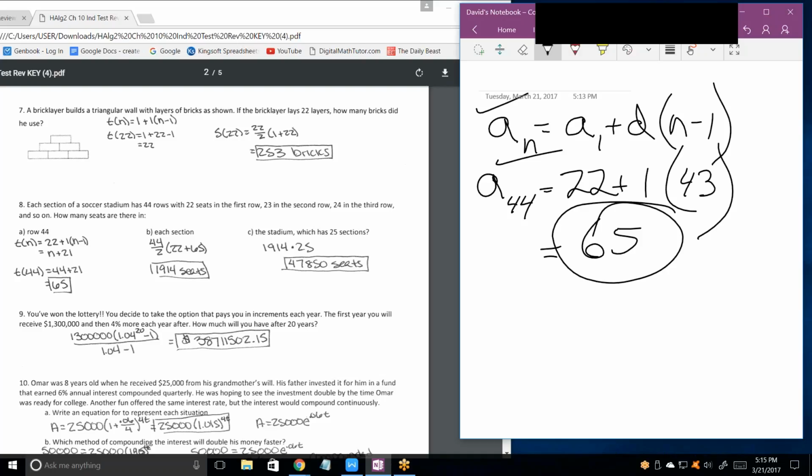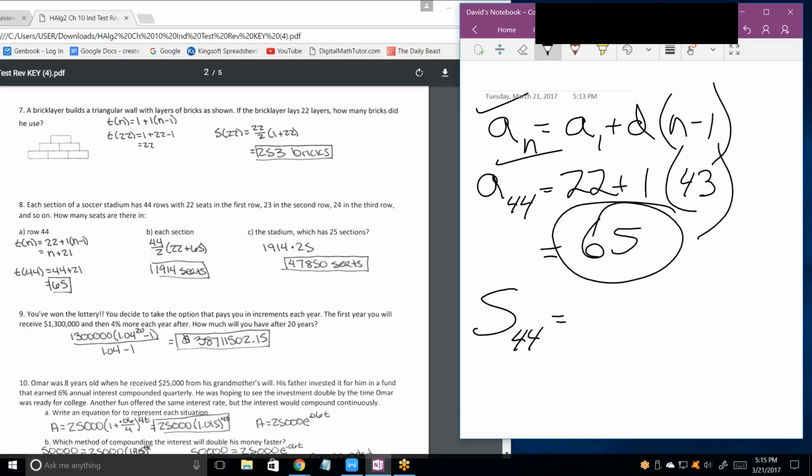Now, each section has 44 rows, so we have to figure out all of them. So we want S sub 44.